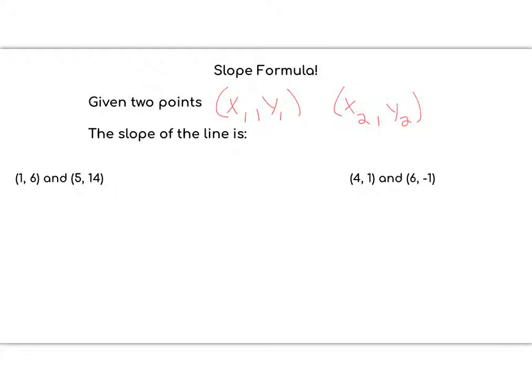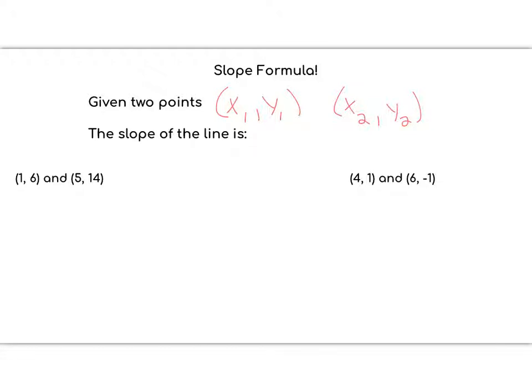Now, we have said that slope is the change in y over the change in x. What operation has to do with finding the change in something? That would be subtraction, right? Change is difference, and difference is subtraction. So I need the difference in the y-coordinates and the difference in the x-coordinates.